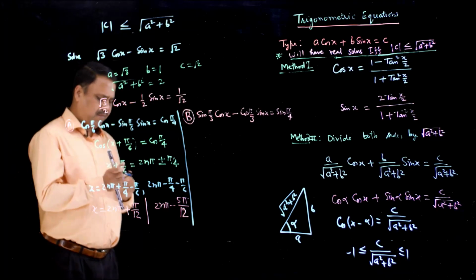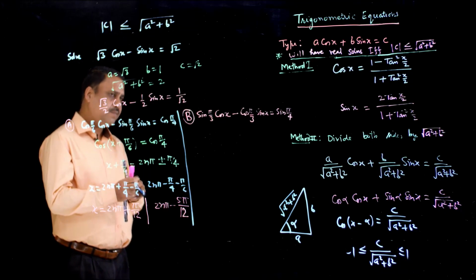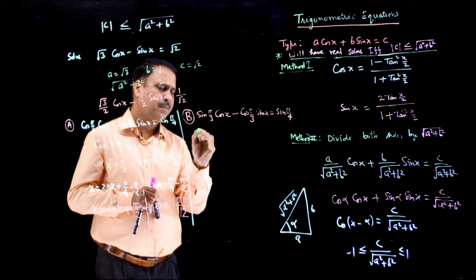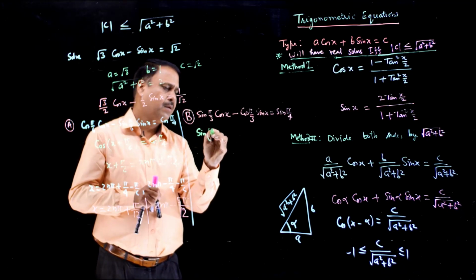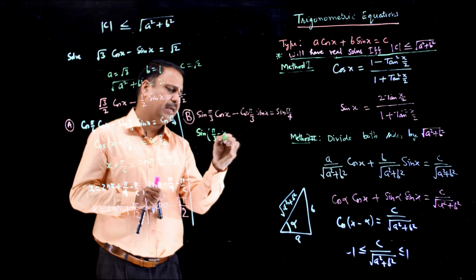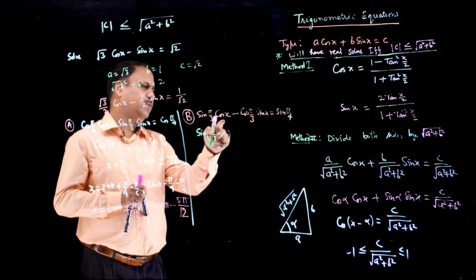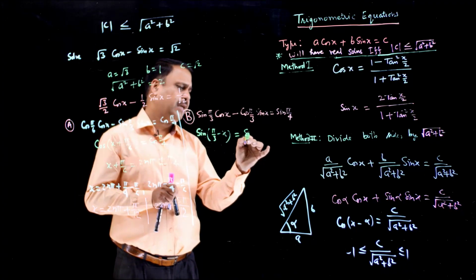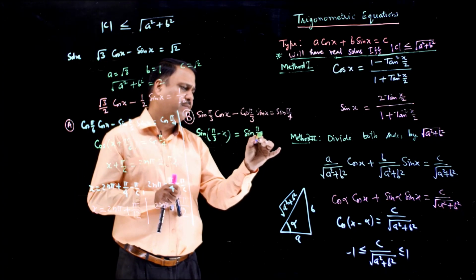So this is in the form of sin of pi by 3 minus x, since sin a cos b minus cos a sin b is equal to this, is equal to sin pi by 4.